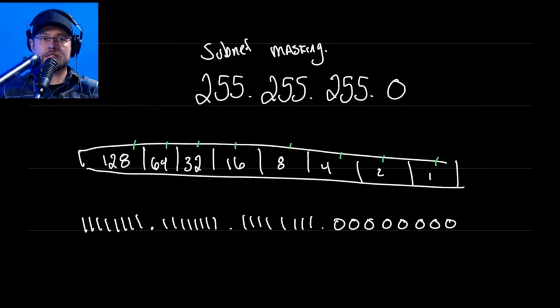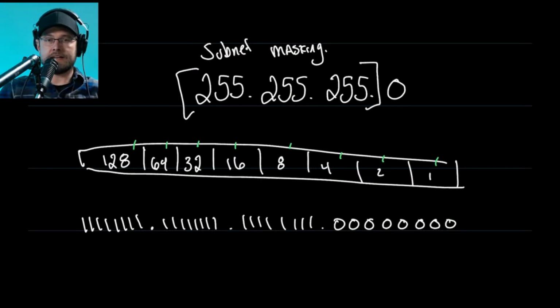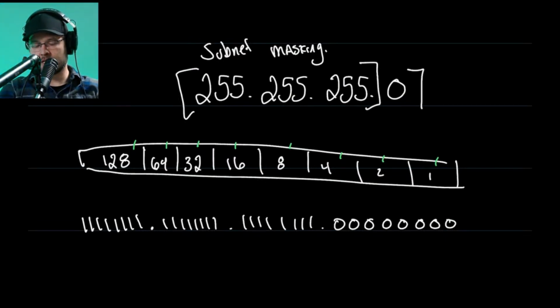All the devices on the network have the same first 3 octets, so 192.168.1. Those are the same across the entire subnet, but the last digit is the identifier of the actual device. So this front portion is the network identifier, and this back portion is the actual device identifier.